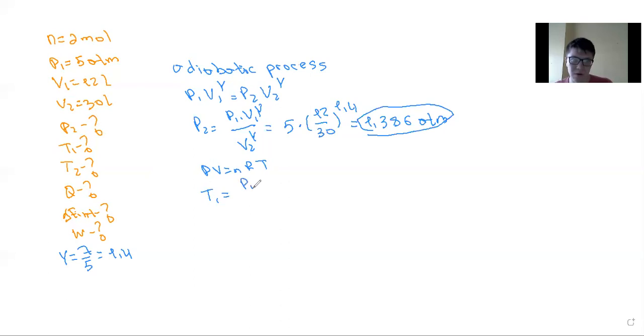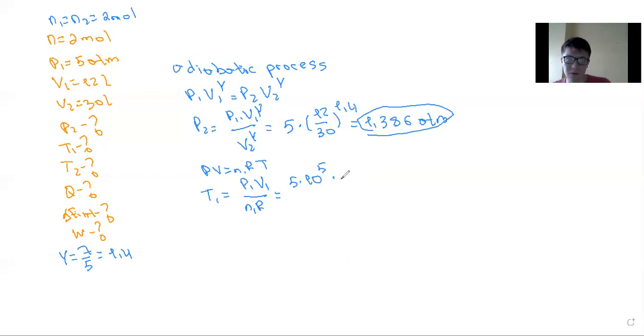T1 equals P1 V1 over nR. It doesn't matter whether it's n1 or n2. Why? Because the initial and final moles are equal to each other. n1 equals n2, which is 2 moles. So P1 is 5, and we should change it to pascals: 5 multiplied by 10 to the power of 5, multiplied by V1.